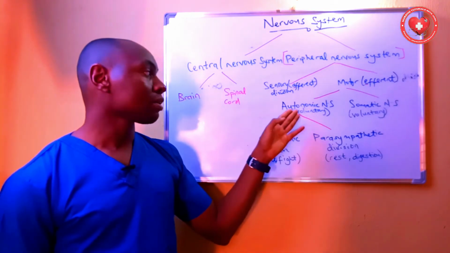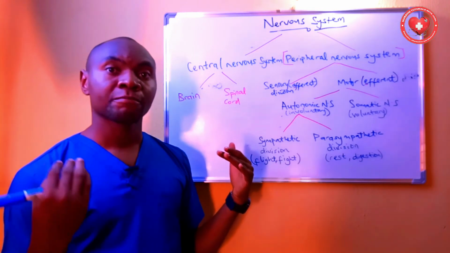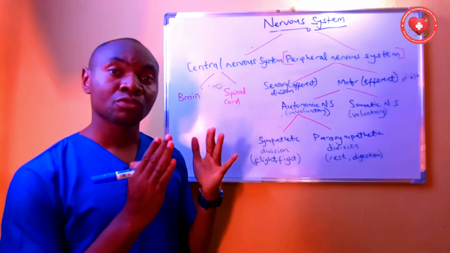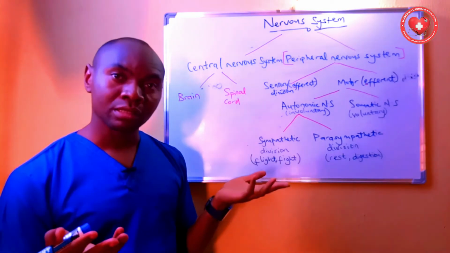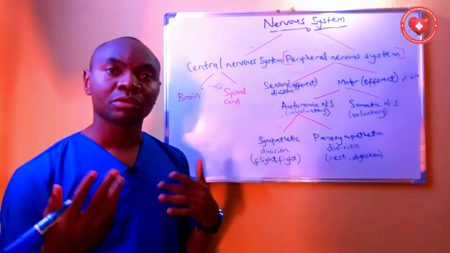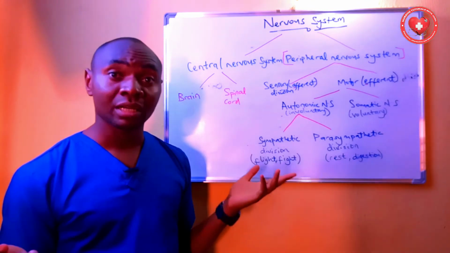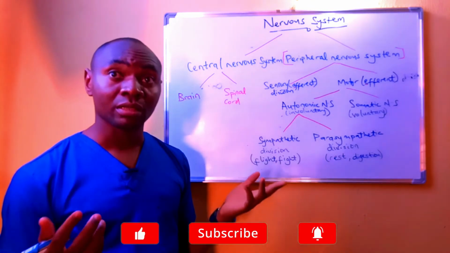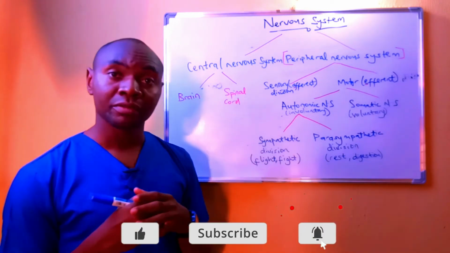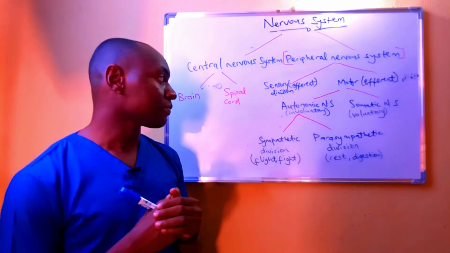Now, the autonomic nervous system deals with nerves that bring information from the central nervous system down to smooth muscles, to glands like the sweat glands, gastric glands, salivary glands, and other glands, and even the cardiac muscles, the muscles responsible for our heart. So all these nerves are classified under the autonomic nervous system.